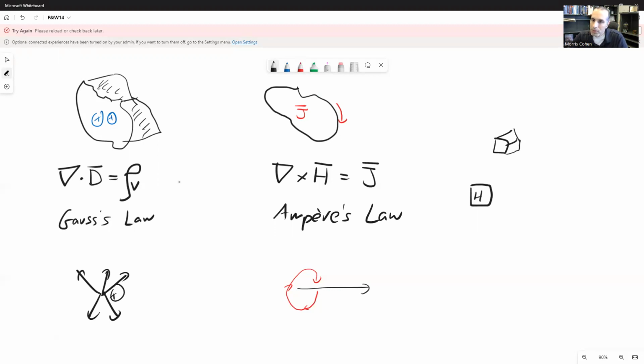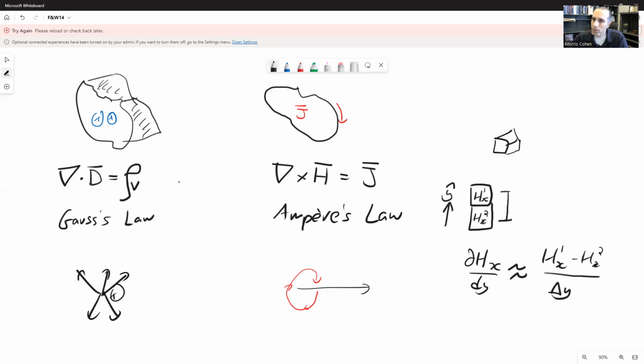Let's say this is Hx at point 1, and this is Hx at point 2, then an approximation of dHx/dy, we're taking this to be the y direction, is going to be approximately equal to Hx point number 1 minus Hx point number 2 divided by delta y, or that separation there is delta y.